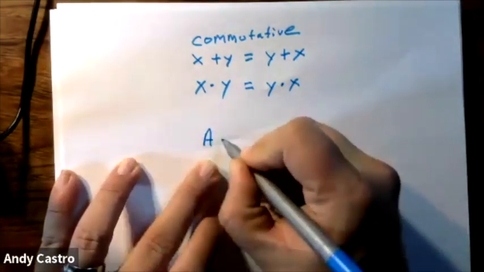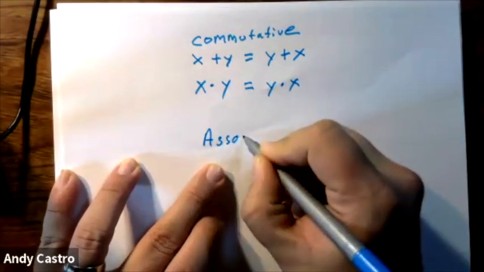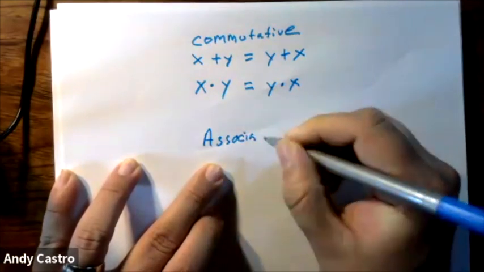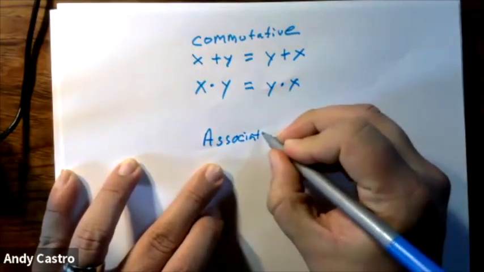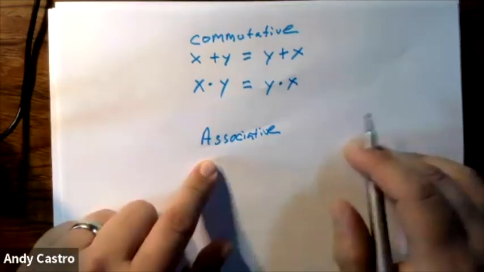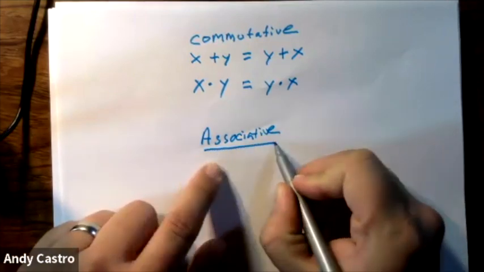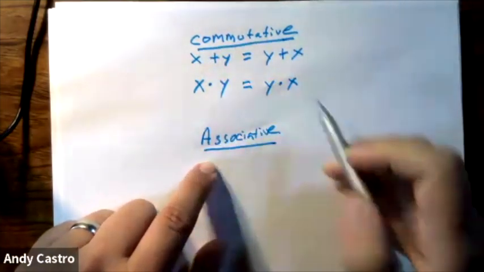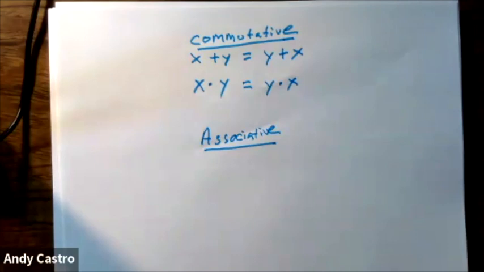All right, then we have the property of association. What's often called the associative axiom of addition or the associative axiom of multiplication, which we're not going to worry about that terminology as much as you need to know the word associative and you need to know the word commutative.